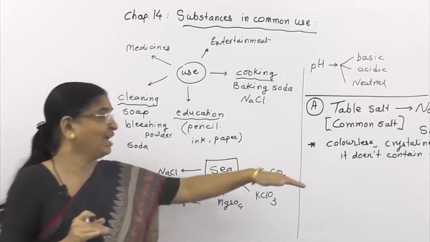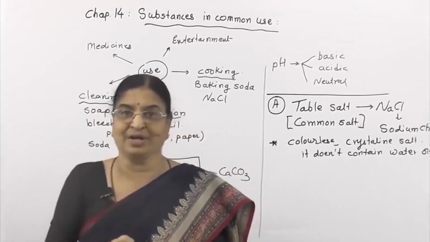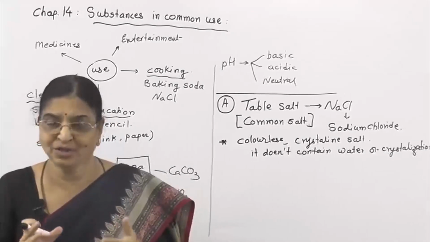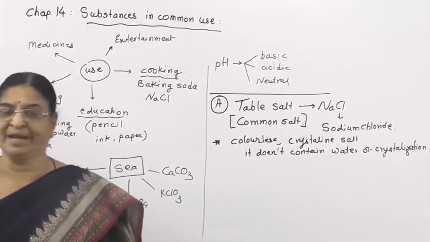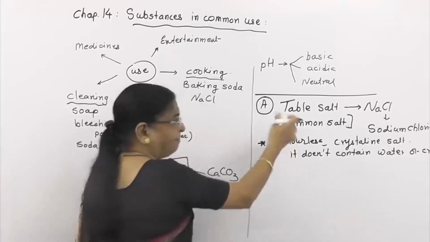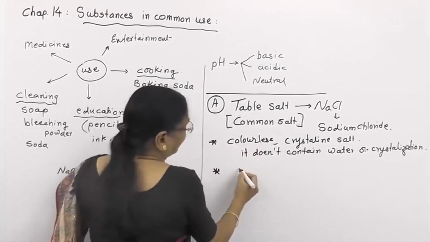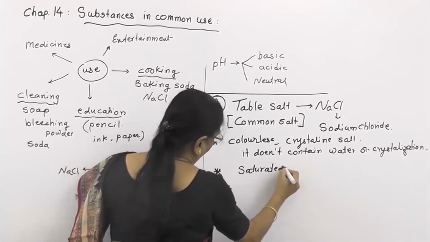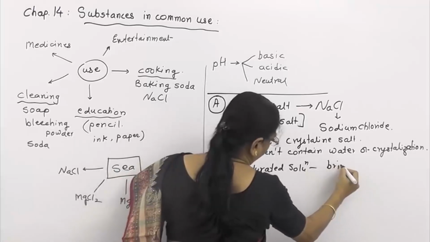But generally this common salt, if you get its solution, that is a saturated solution of sodium chloride, is known as, of course, brine. The saturated solution of this salt is called brine.